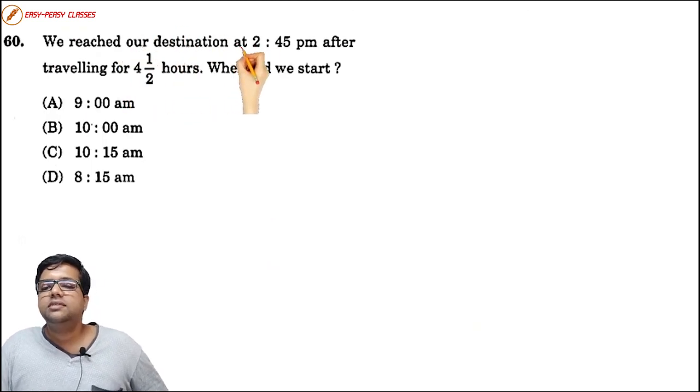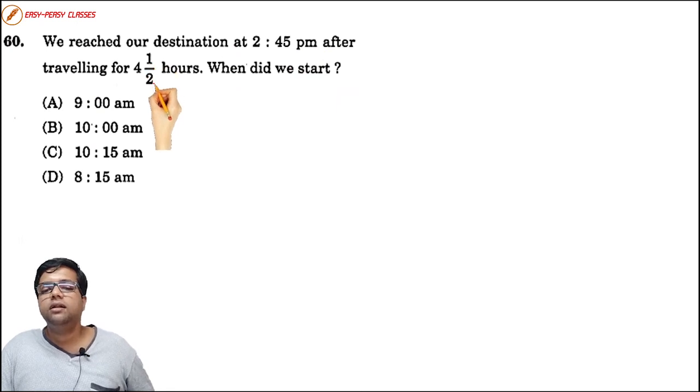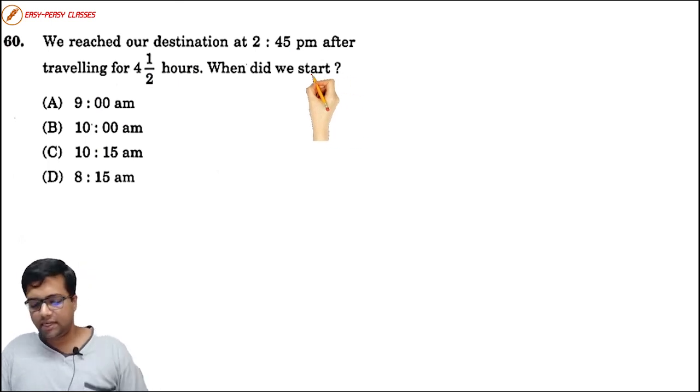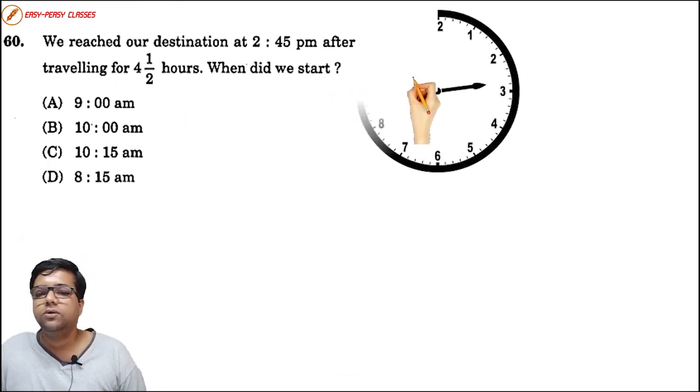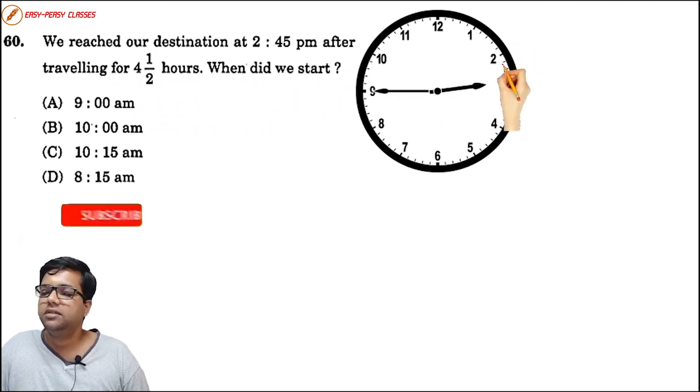We reached our destination at 2:45 p.m. after traveling for 4.5 hours. When did we start? Okay, so you can draw a diagram of a clock and you can go backwards for 4.5 hours. That is also one way to do.